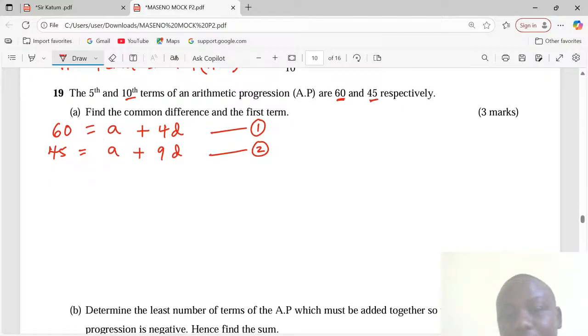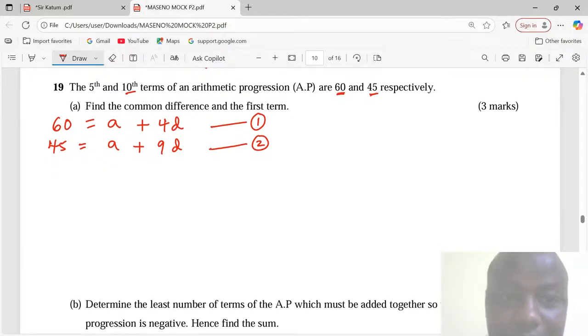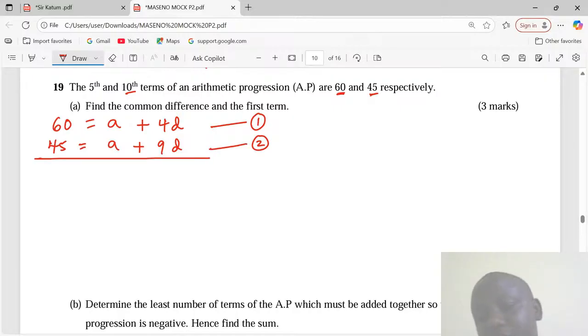We have equation 1 and equation 2, and because they satisfy the same arithmetic progression, we can subtract them, or rather, we can eliminate A. We use what we call the elimination method to solve these simultaneous equations.